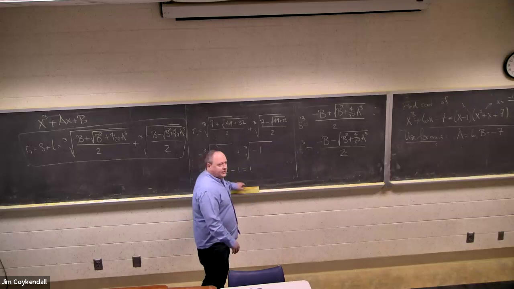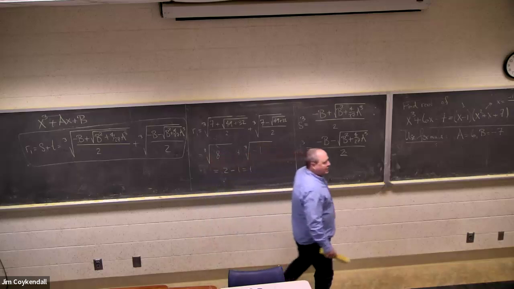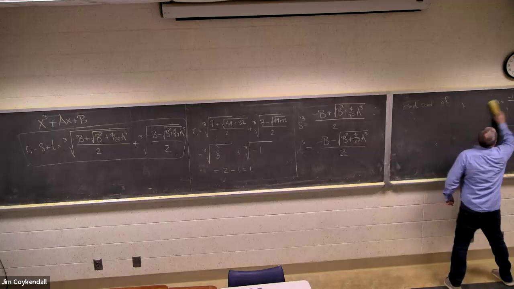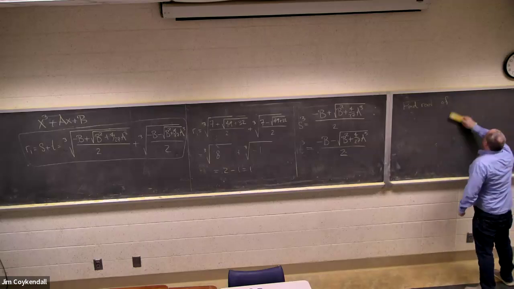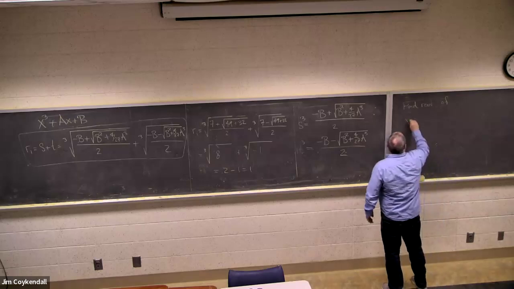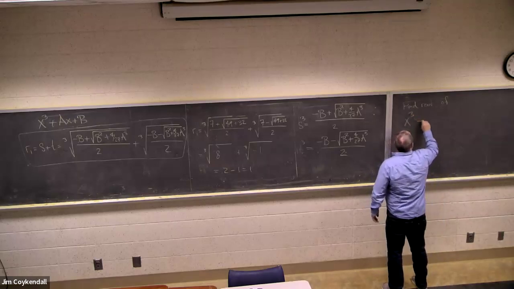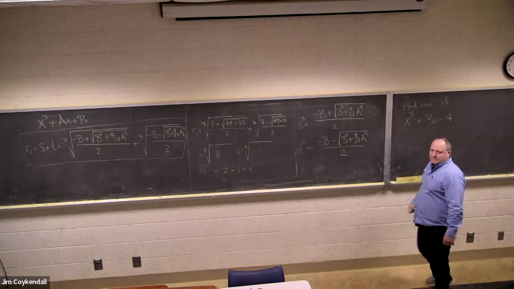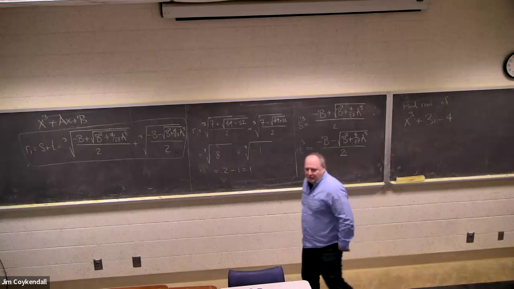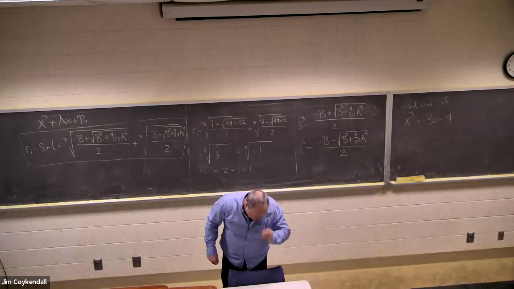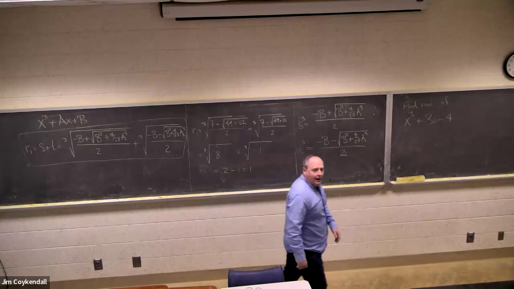Now, let's do another one. Similar to this. This one, it almost looks like I'm ripping it off. And the reason it looks that way is because I'm ripping it off.